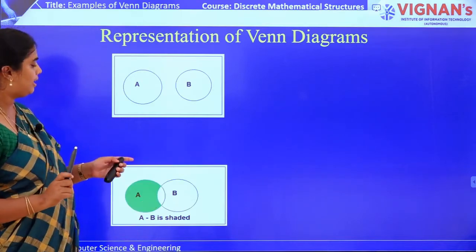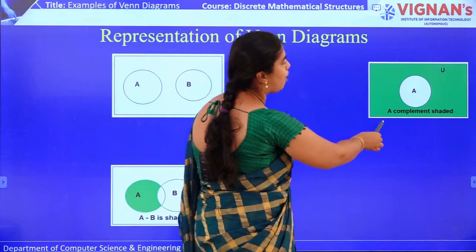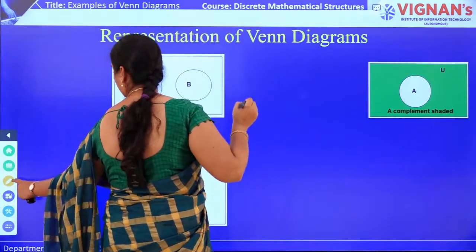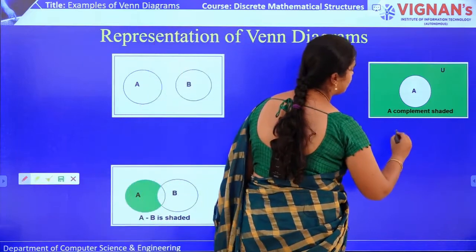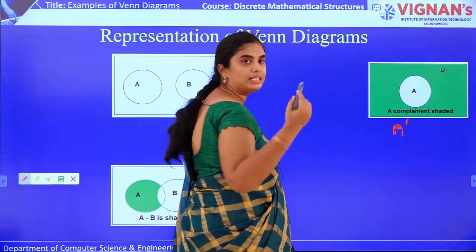Okay. Next, coming to the other one, this is called the A complement, which, as I already said, is represented in this way. What is A complement?